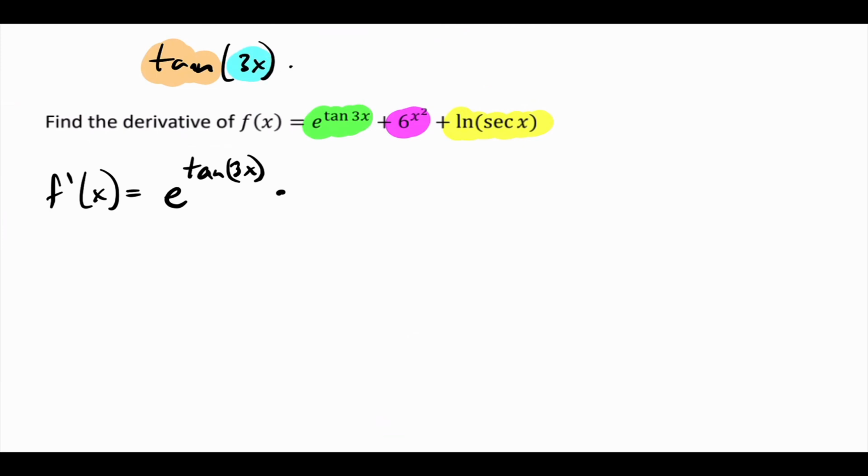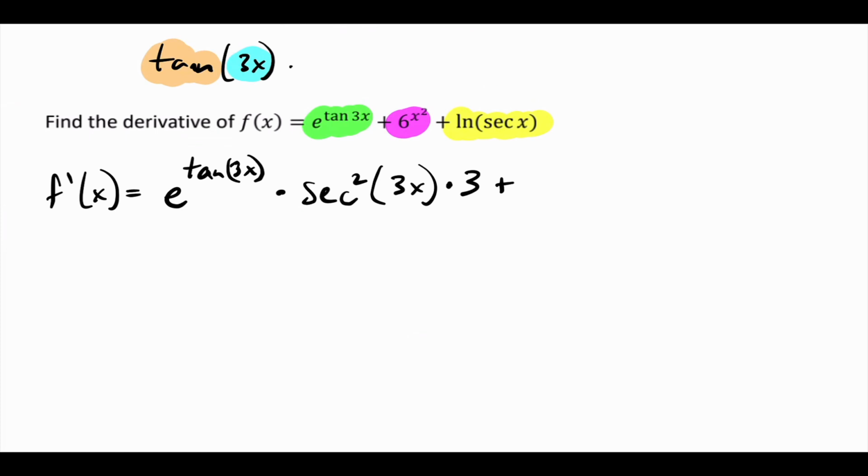So the derivative of the outside, derivative of tangent, is secant squared. Derivative of the inside is just 3. Okay, that's the derivative of the green.